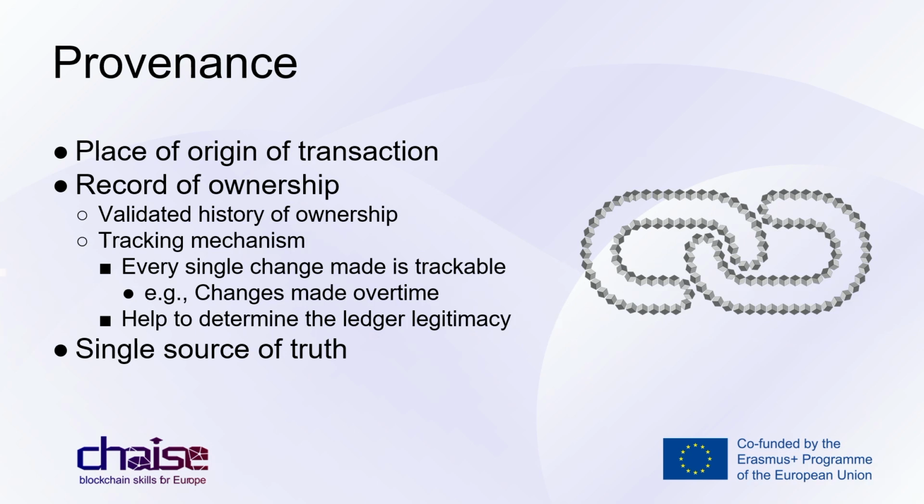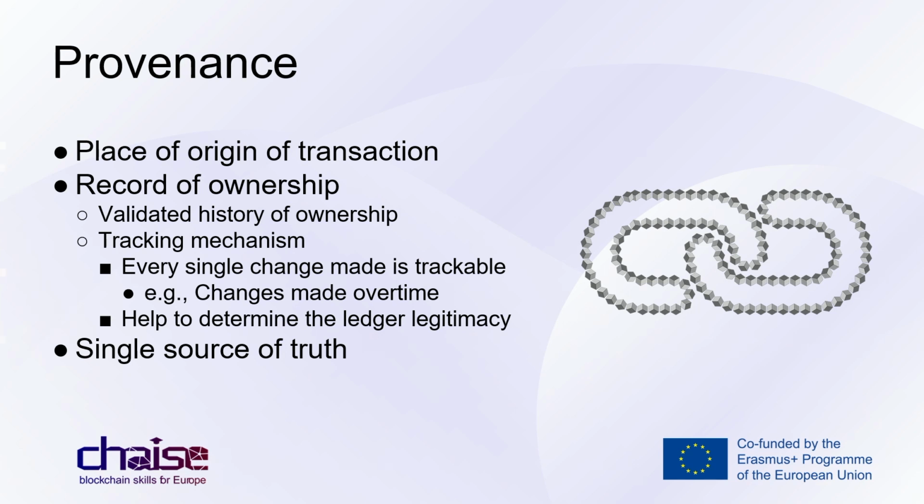So, provenance ensures the record of ownership and keeps a validated history of ownership. There is a famous example of the diamond market, where ownership is of the utmost importance. So, blockchain can provide provenance, meaning the record of ownership of the diamond.